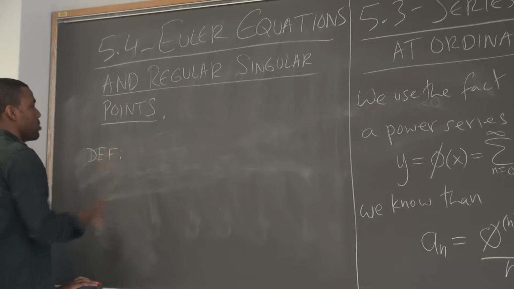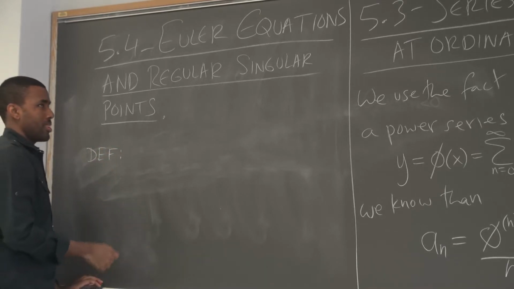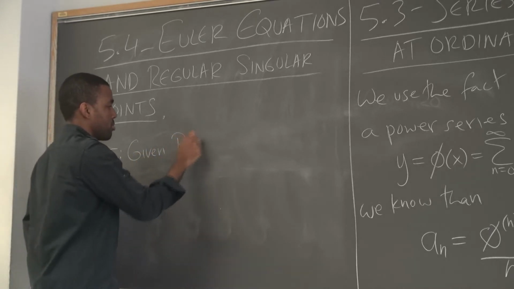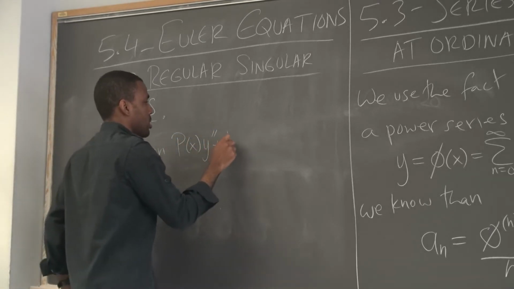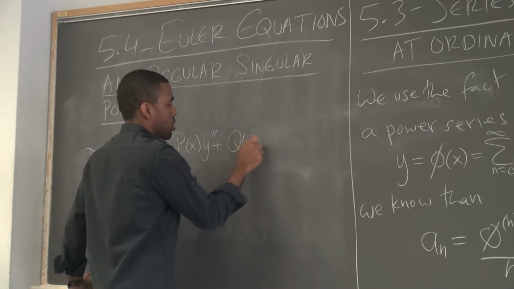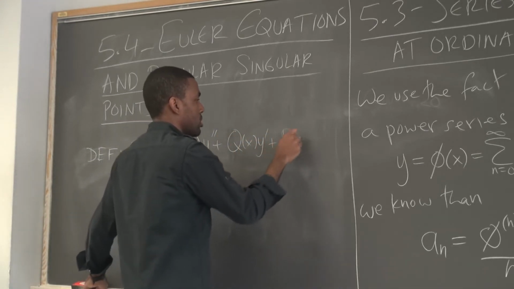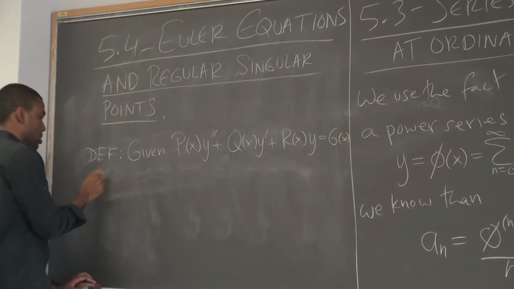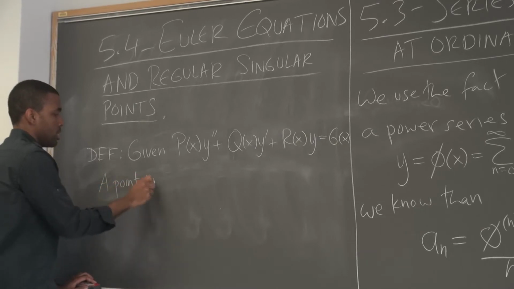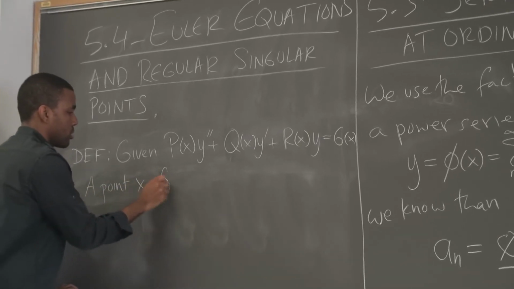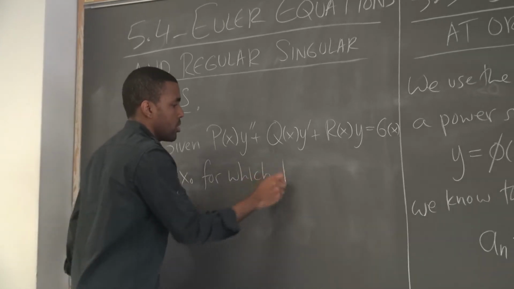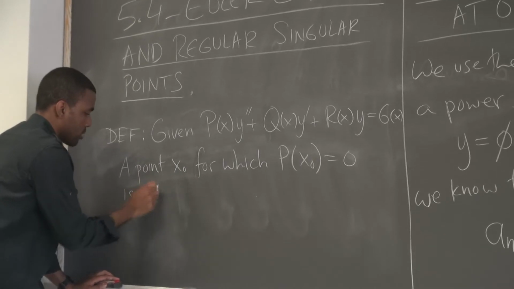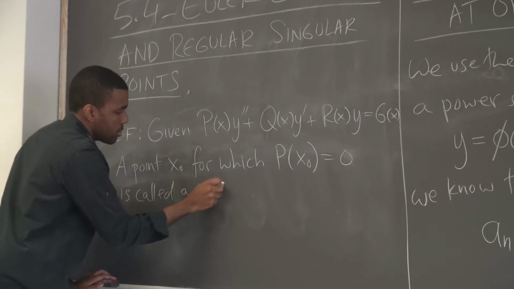So remember what an ordinary point was? For the equation P(x)y'' + Q(x)y' + R(x)y = 0, a point x naught for which P(x naught) equals 0 is called a singular point.